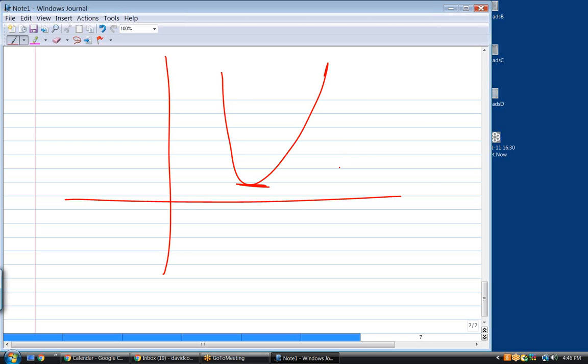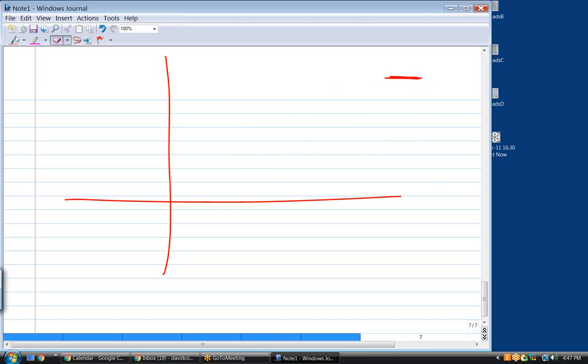If I have a parabola that's this way, there's a maximum that always occurs right there. Both of those occur at the vertex. So if you can figure out where the vertex comes, that's where the minimum and maximum come on quadratics, second-degree polynomials.